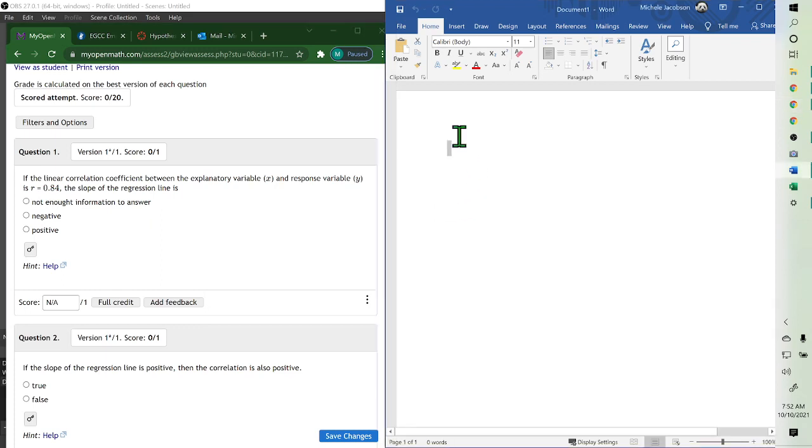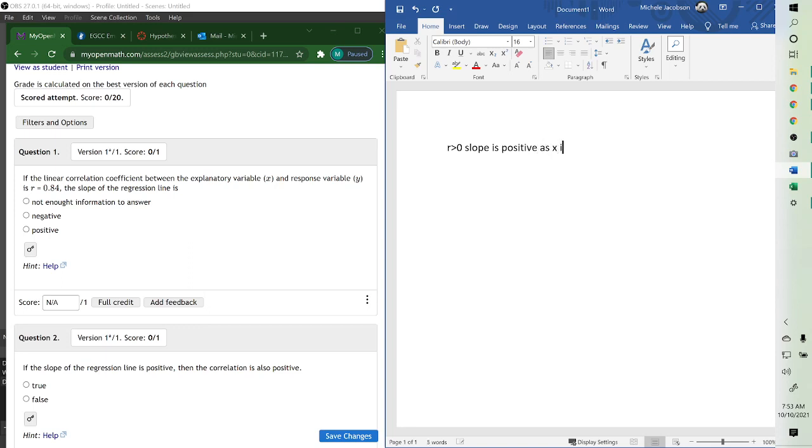Now when you have R greater than 0, when you have R greater than 0, slope is positive.